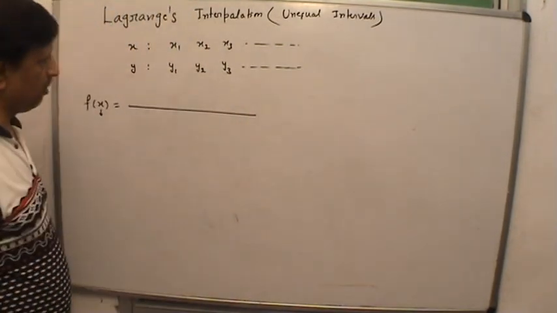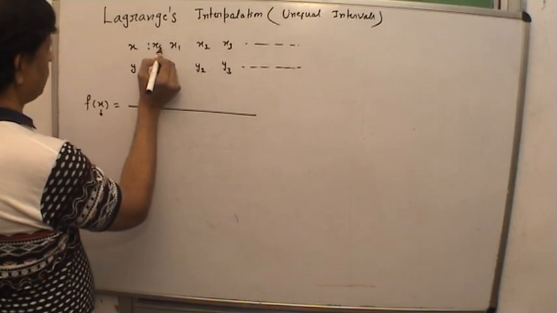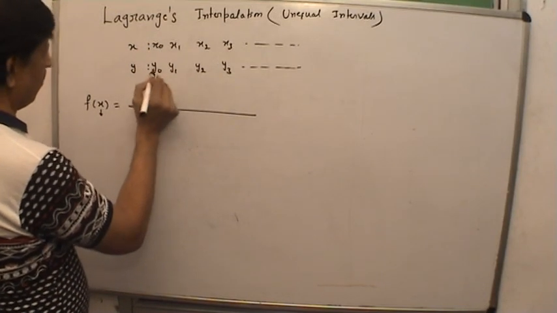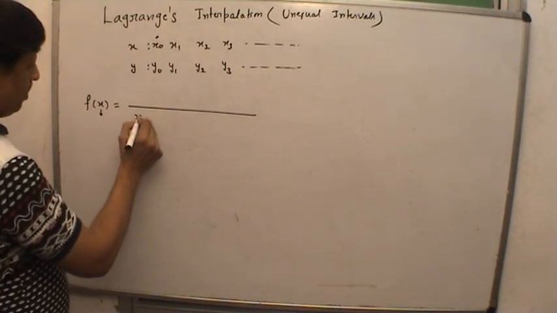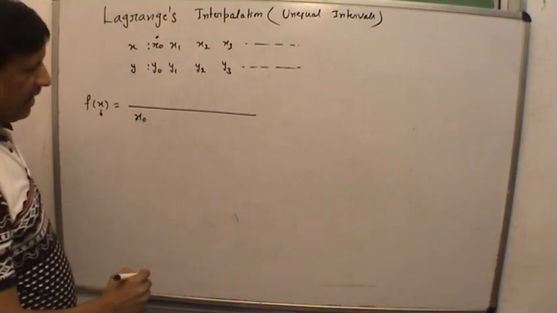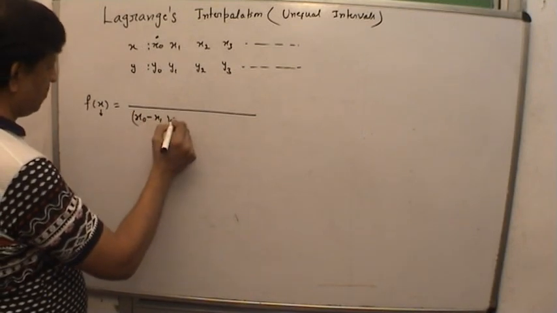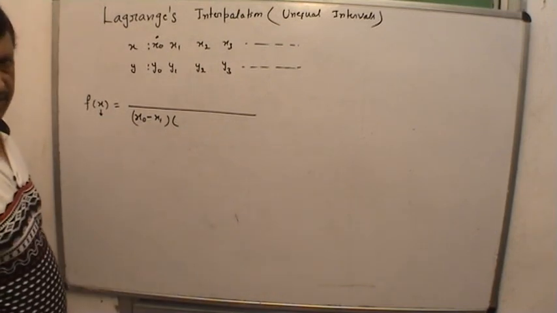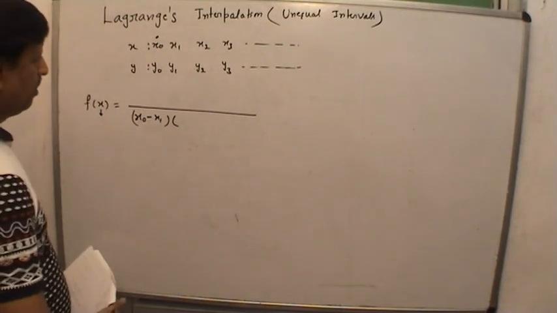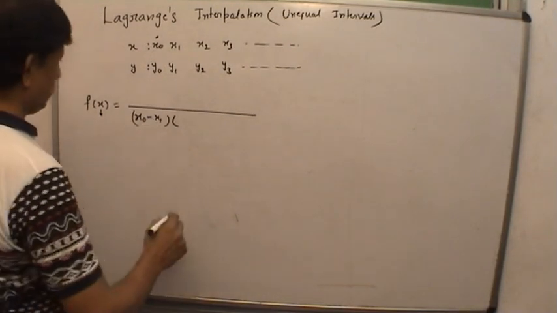We start with the denominator. Say we keep the values x0 and y0. We start with x0. In the denominator write down x0 minus x1. We cannot write x0 minus x0 because that is equal to 0 and we cannot divide by 0 in mathematics.